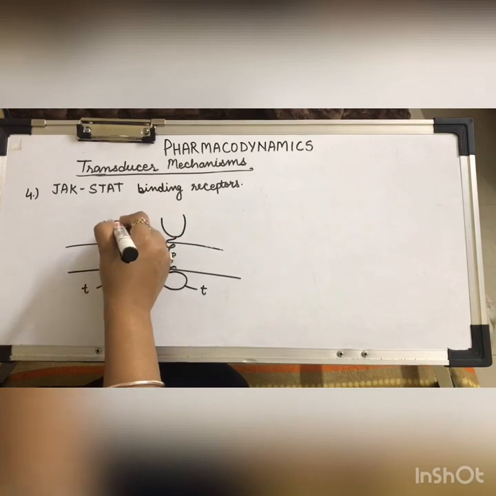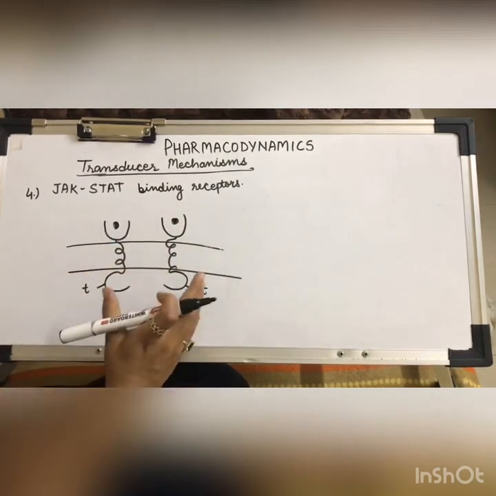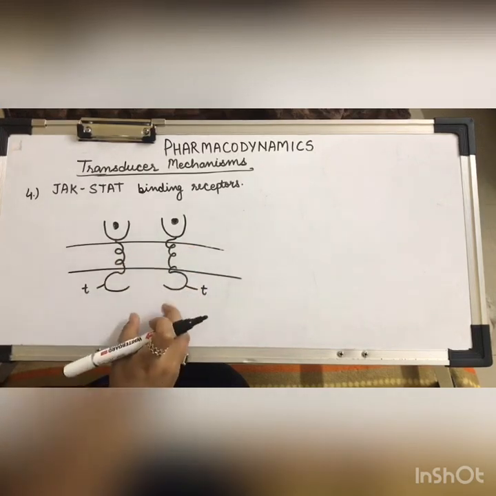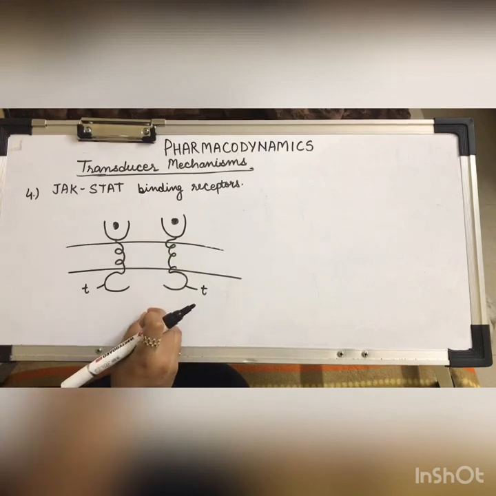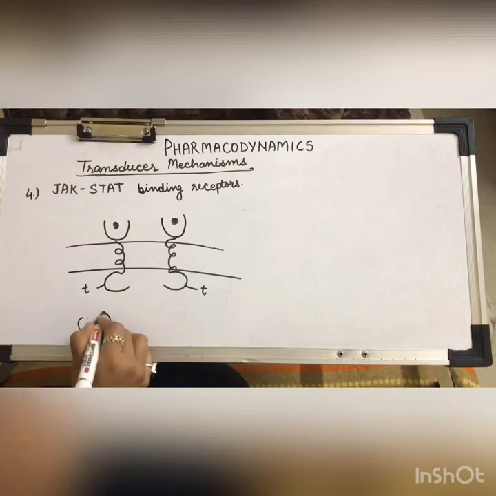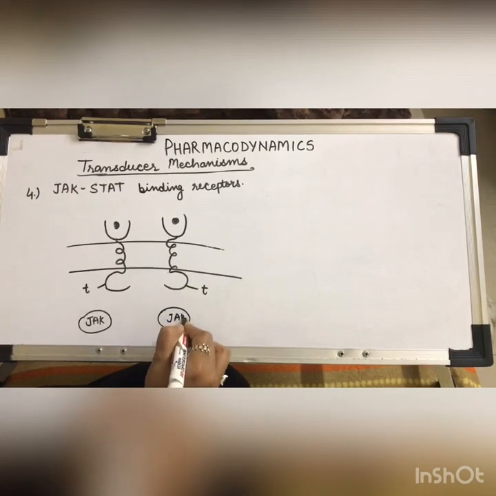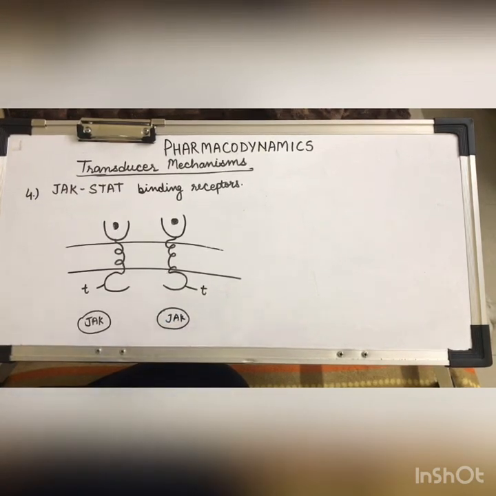So when there is agonist binding, similar to the previous one, this agonist binding will induce dimerization and conformational changes. And these conformational changes will increase the affinity for cytosolic tyrosine protein kinase, which are also known as JAK molecules, that is Janus kinase molecules. These are basically tyrosine protein kinase molecules.